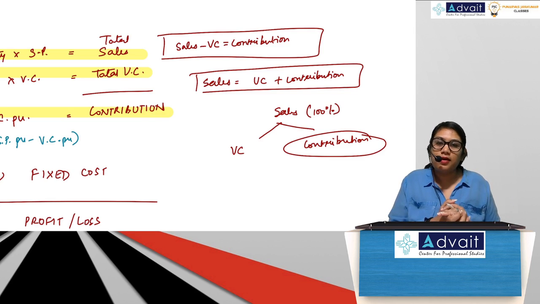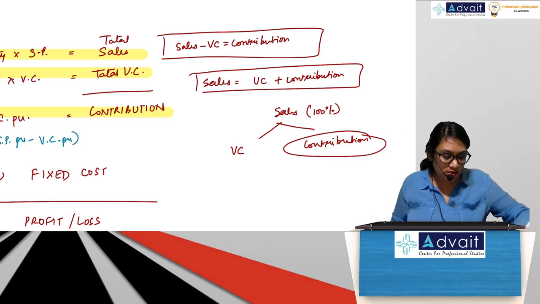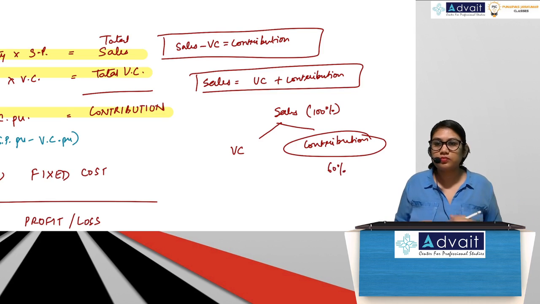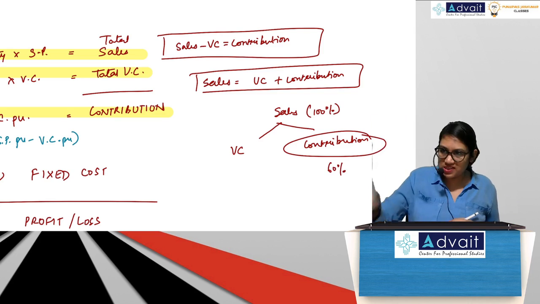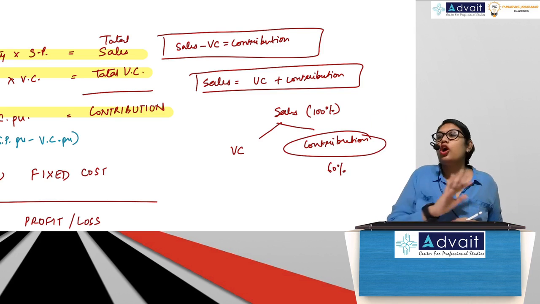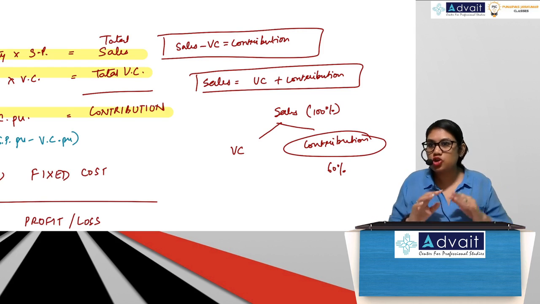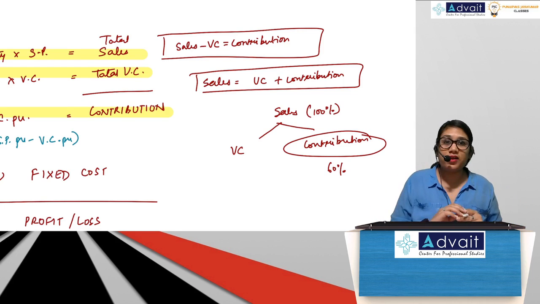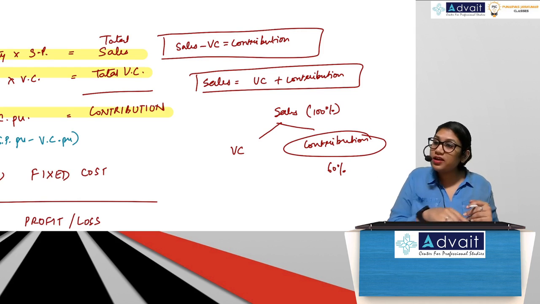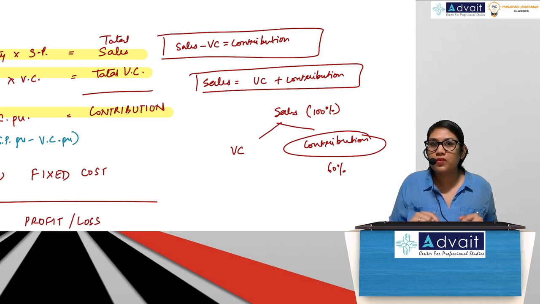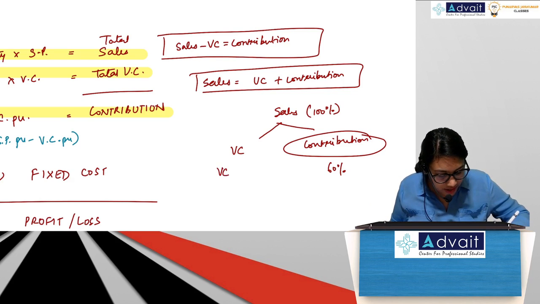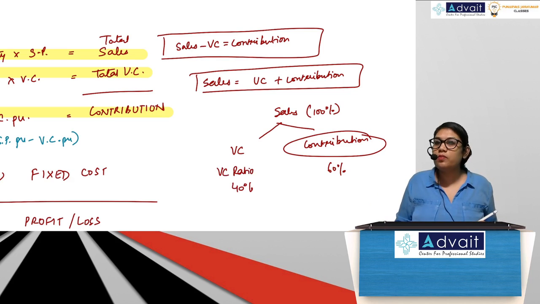So let's say that contribution is 60%, which means PV ratio is 60%, which means out of sales, 60% is contribution. I'm trying to tell it in different ways so that you understand. So what is the remaining 40%? Variable costs. That is called as variable cost ratio.